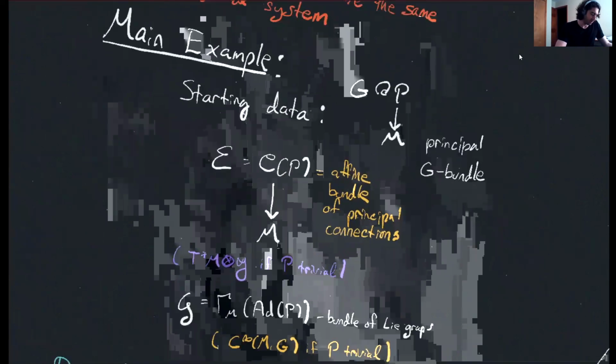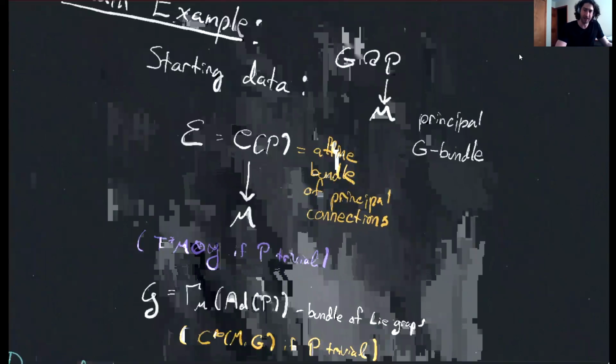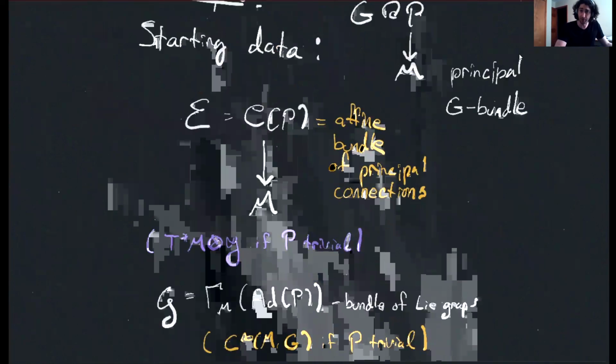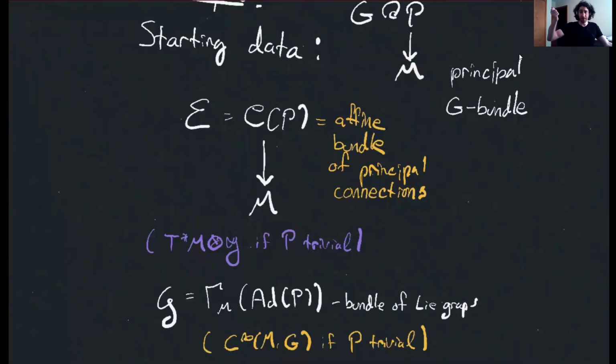The space of fields is sections of that, so it's just connections on the principal bundle. Then, in the trivial case, smooth functions into G is the gauge group, and more generally it's actually a bundle of Lie groups, which is sections of the adjoint bundle.